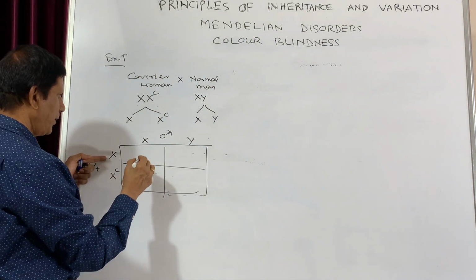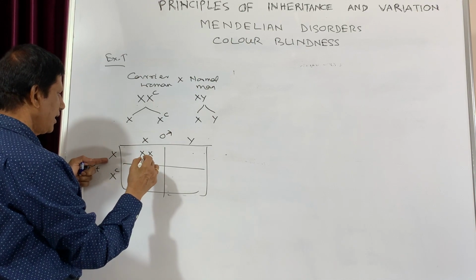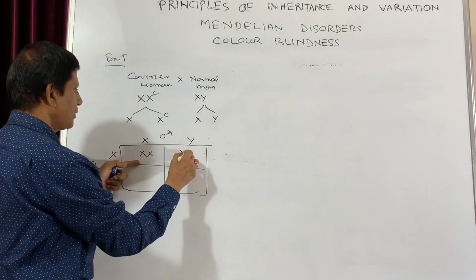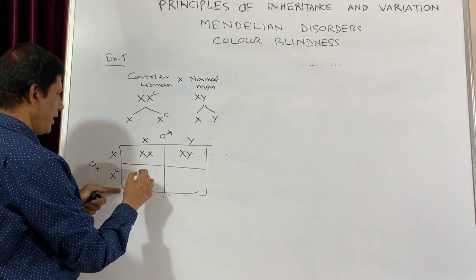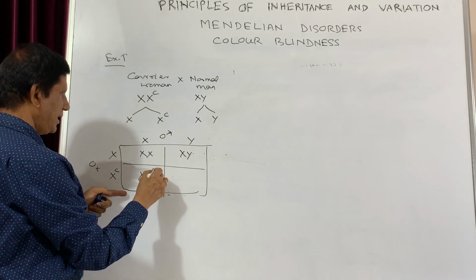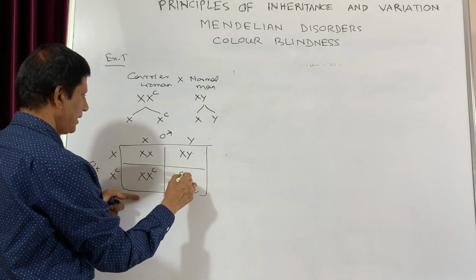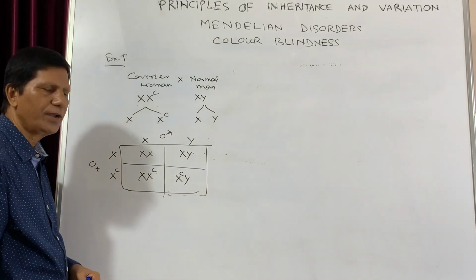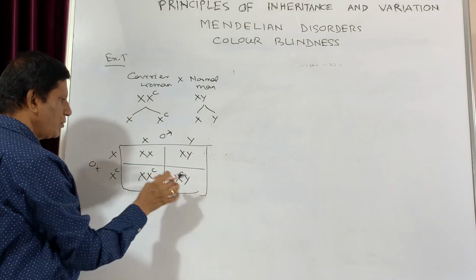So now you see what is happening. It is XX and XY, while the others are X XC and XC Y. So you see there are two daughters and two sons.